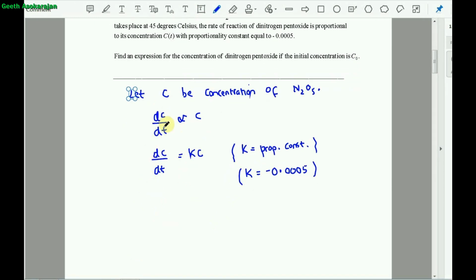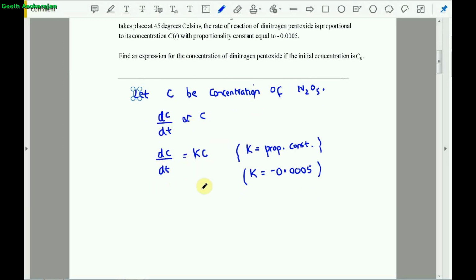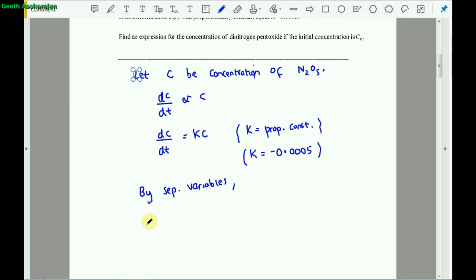We have a first order differential equation here. First order differential equations can be solved by separating the variables. So I'm going to bring the C and dC terms to the left hand side.